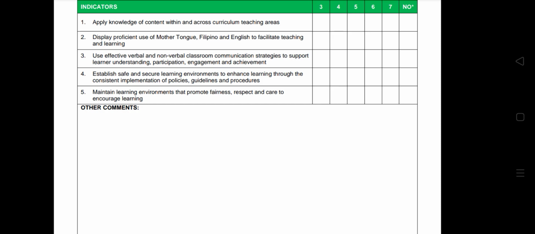You are respecting and caring for the learners by simply calling their names, simply giving them direction to promote fairness, calling all of them, not only those who raise their hands, and supporting what their ideas are, and directing it, if it's not that good an idea, to make it a good idea so that the learner may know how to direct an idea into a correct one.